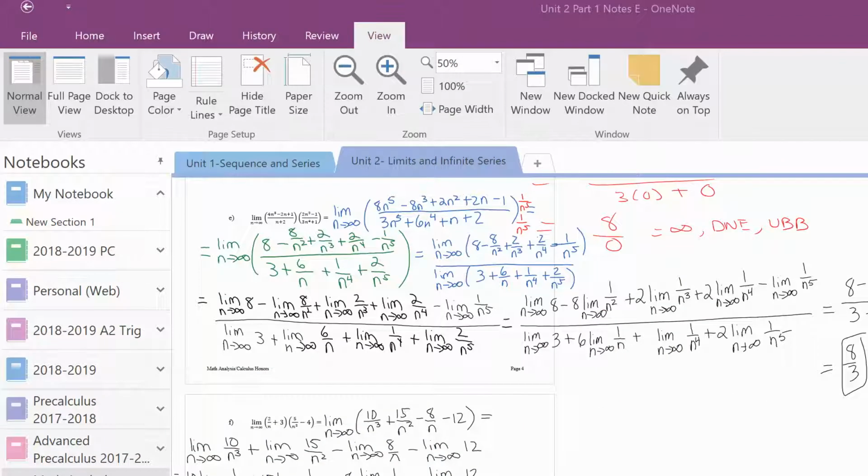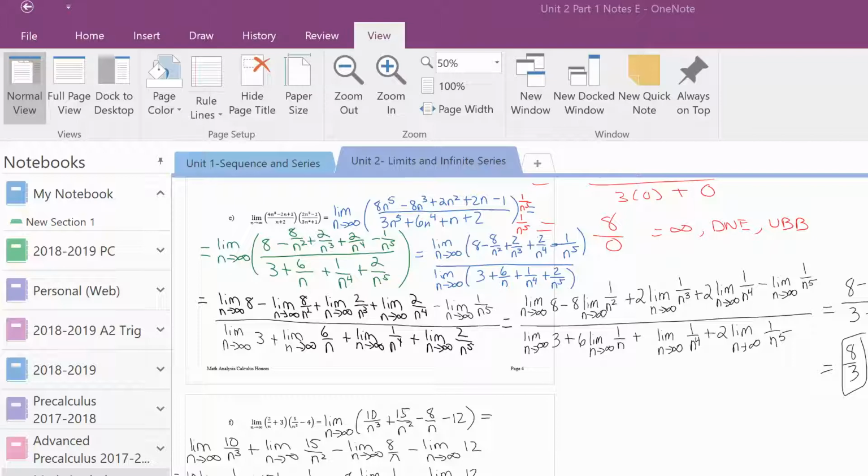All right, so then the next one, the first thing I would do is multiply these two together. When you multiply them, you get one fraction. And then you multiply by 1 over n to the fifth, and that gives you this here in green.